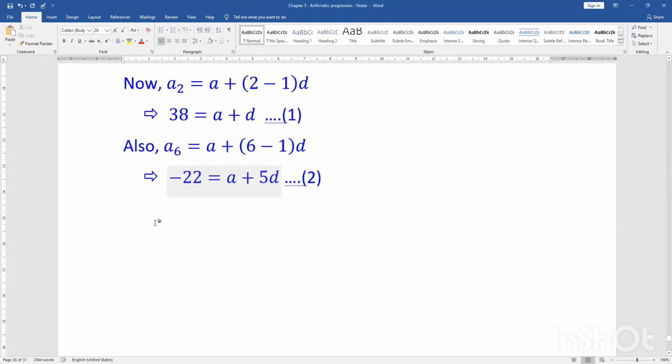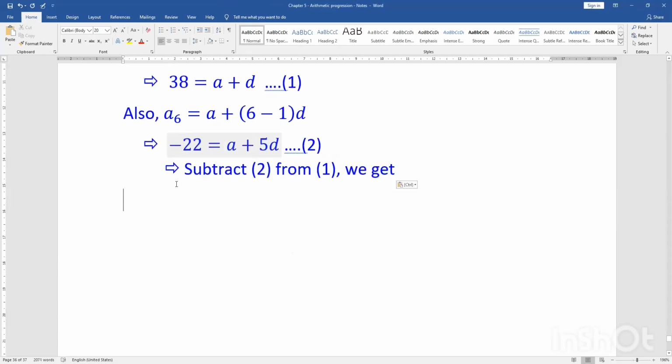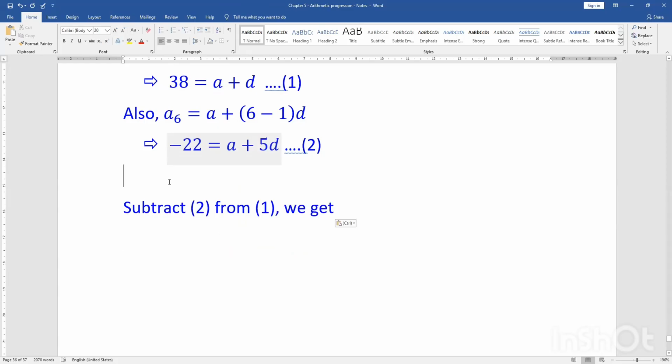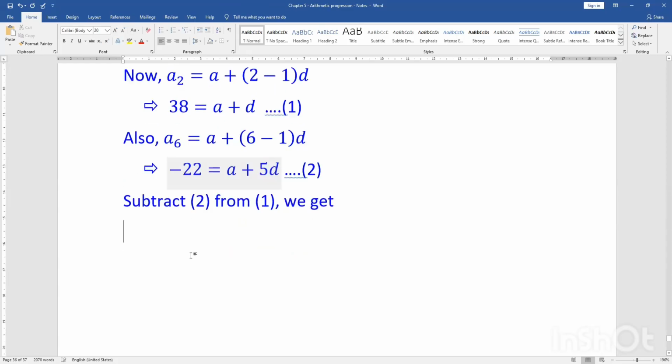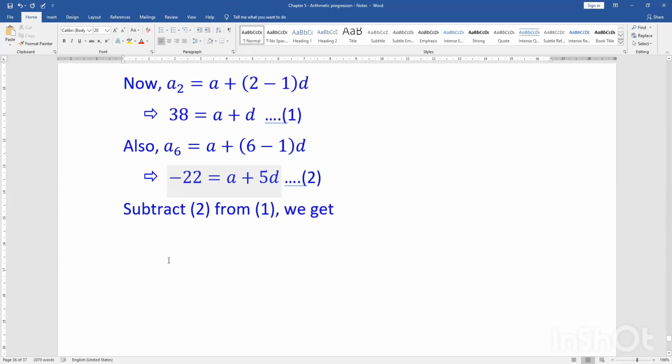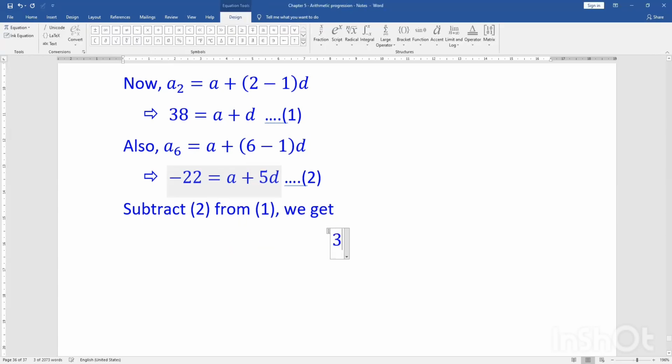Then what you're going to do is subtract 2 from 1. So let us do subtraction. When you do like that, see what happens. So first we are going to write it as 38 minus of minus 22, okay?